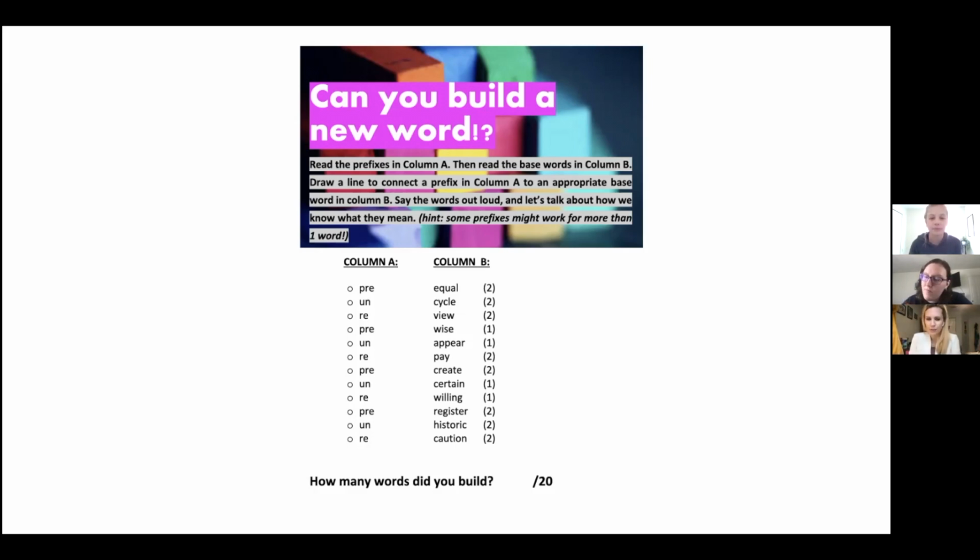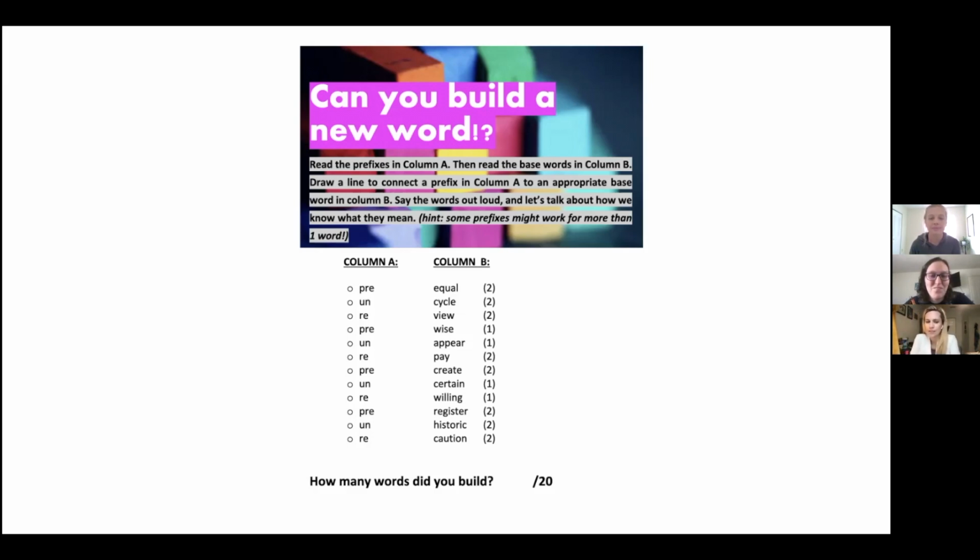Okay, Vanessa, let's hear a word that you want to try, but let's not use re again. Can you choose either one with un or pre? I said un and pay. Unpay. Okay, actually, that's not correct, Vanessa, but it's a good try. So let's talk about that.